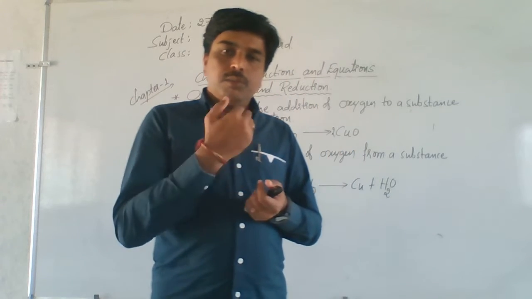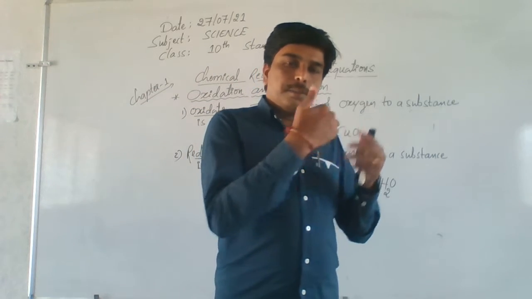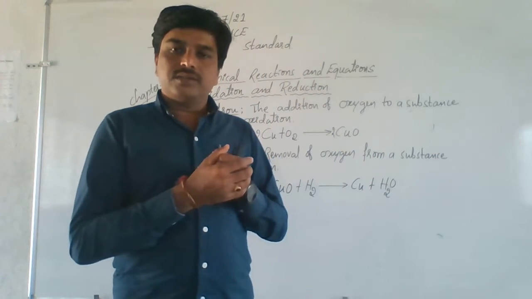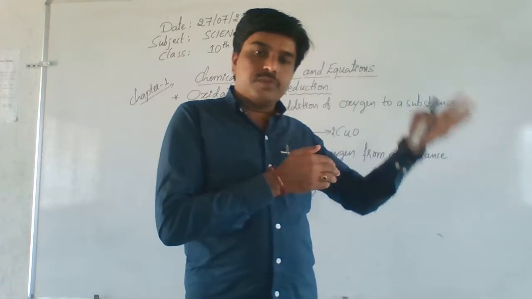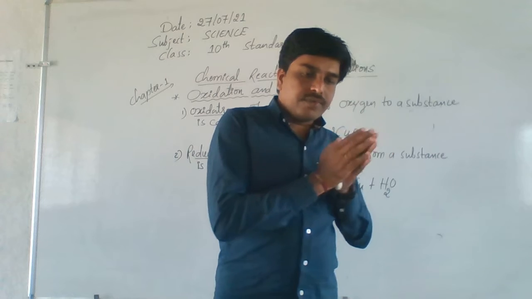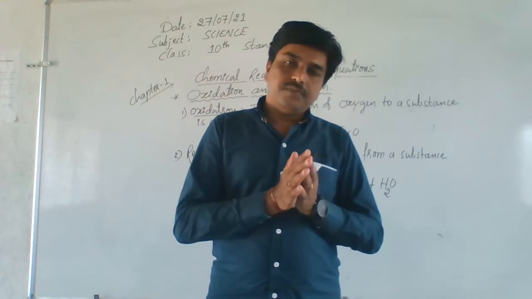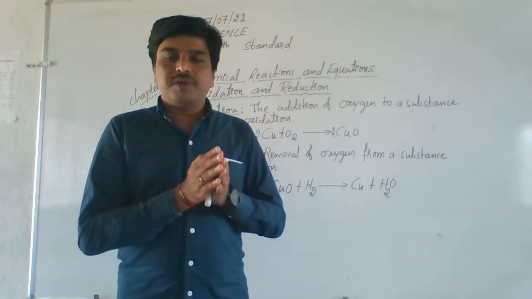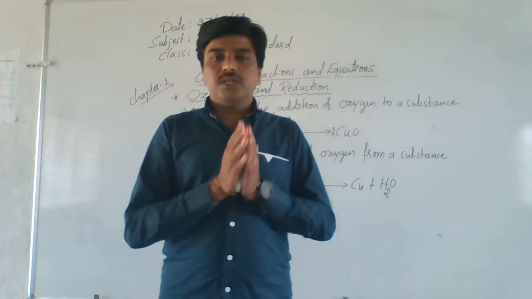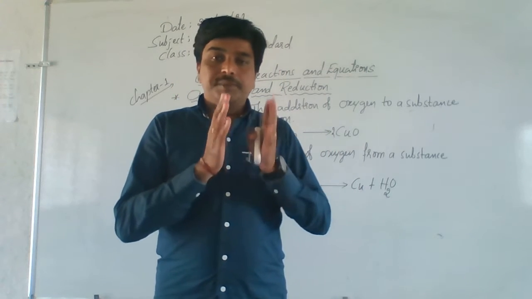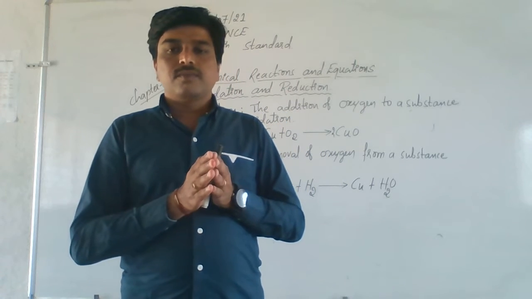Because of this mutual exchange of ions, they form two new products. And that kind of reaction is called what? Double displacement reactions. In double displacement reactions, we see two kinds. Which are those? Precipitation reaction and neutralization reaction.